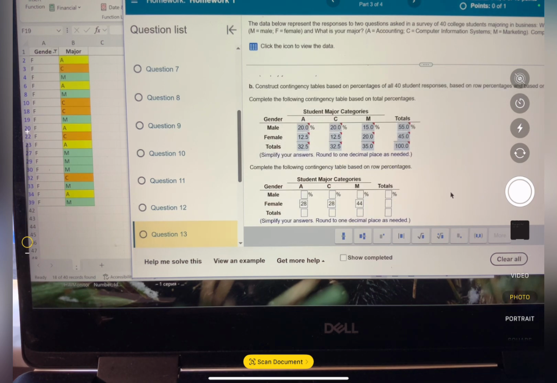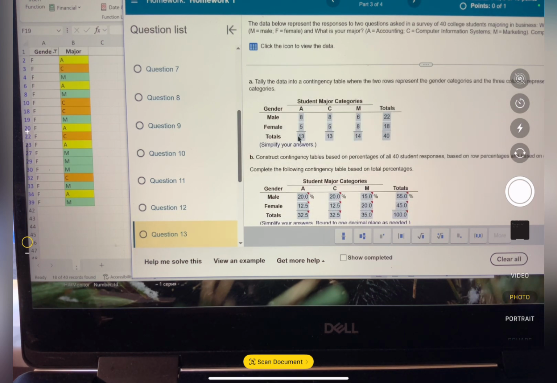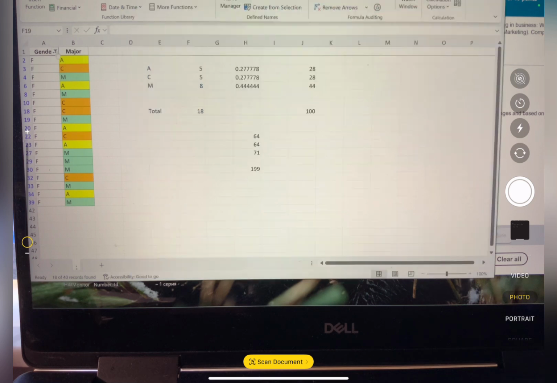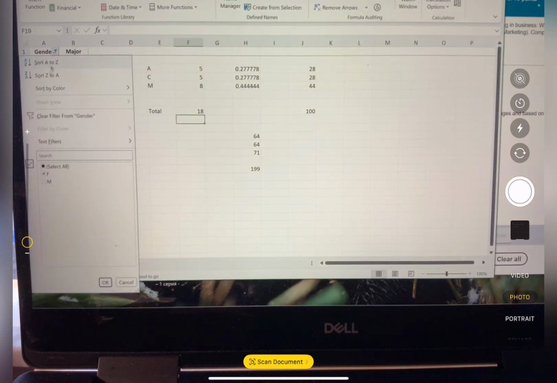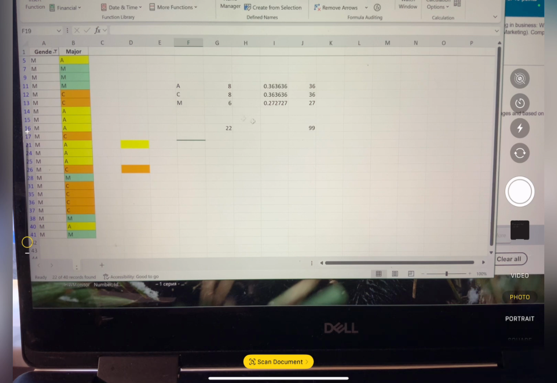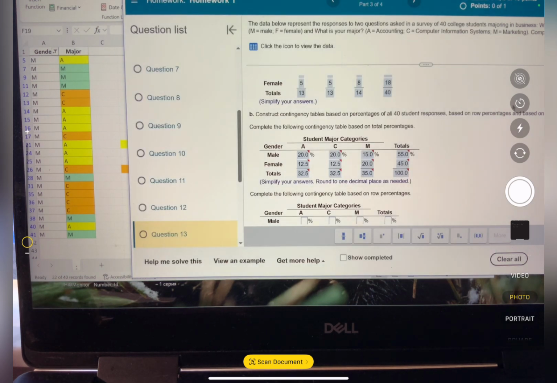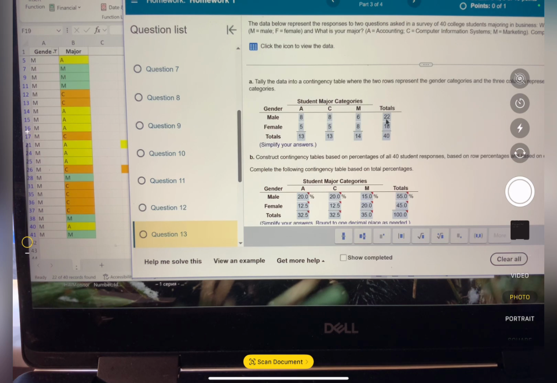Which means we divide 5 by 18, 5 by 18, 8 by 18. Now for male, since I have 22, let's double check. We have here 22. Yes, 22.